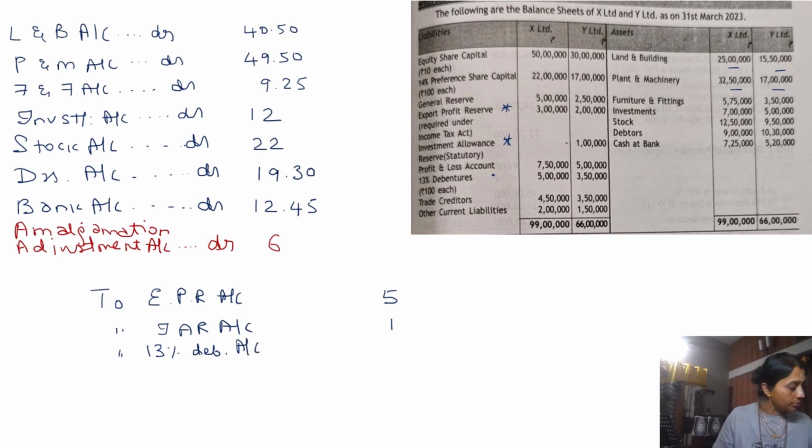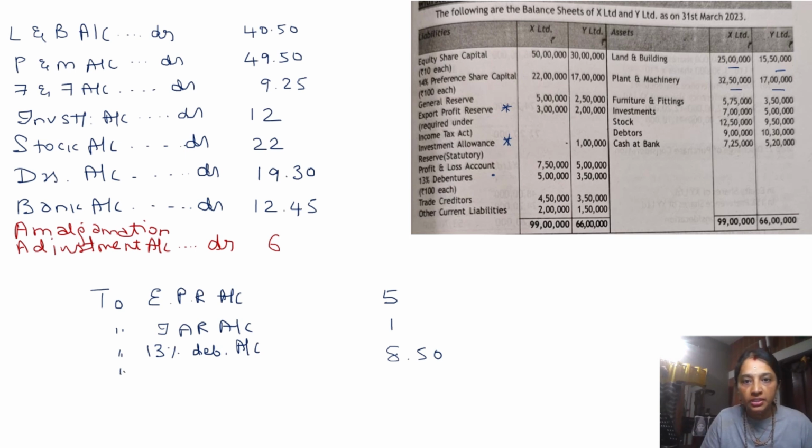X has 13% debentures of 5 lakhs and Y has 3 lakh 50,000. So total comes up to 8 lakhs 50,000.